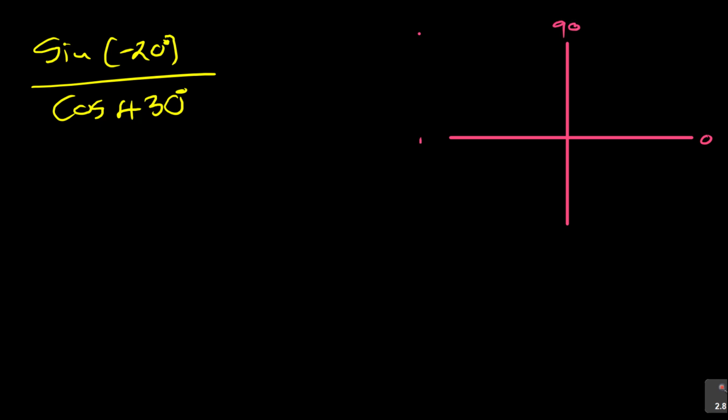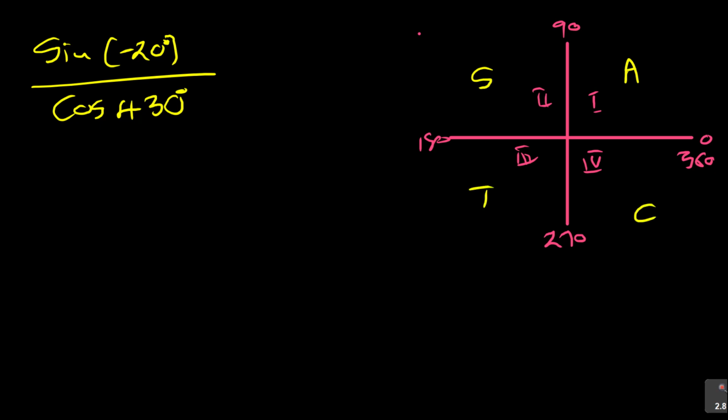So there it is: 180, 270 and 360. You quickly sketch it, and this is quadrant 1, quadrant 2, quadrant 3 and quadrant 4. Remember, it's anti-clockwise, and from there you know it's All Students Take Chemistry.